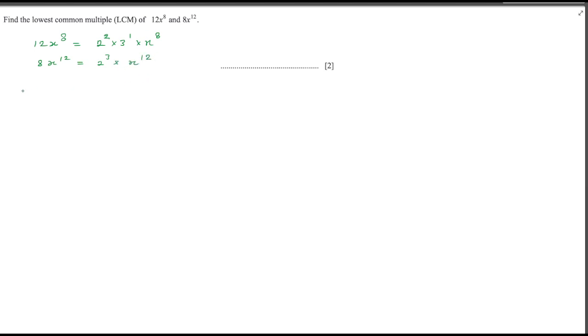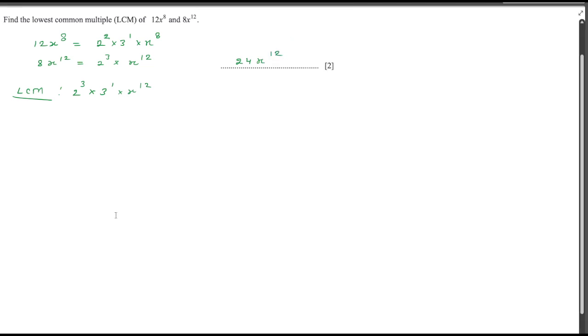Now here I need to find out LCM. So for LCM, least common multiple, I will look for the highest powers of all. So 2 power 3 I will take, then 3 power 1 I will take, and then x power 12 I will take. So 2 power 3 is 8, 8 times 3 is 24. So it is 24 x power 12.